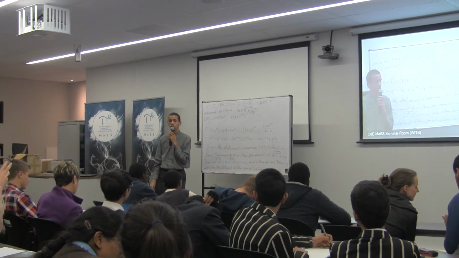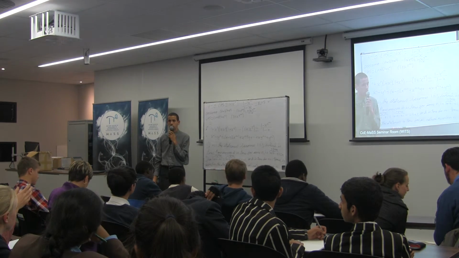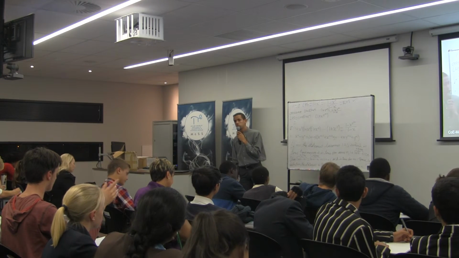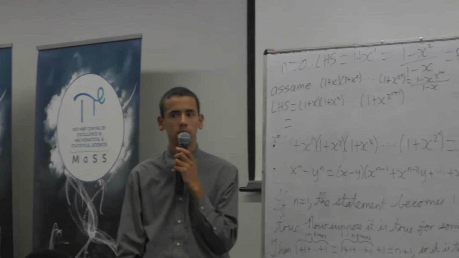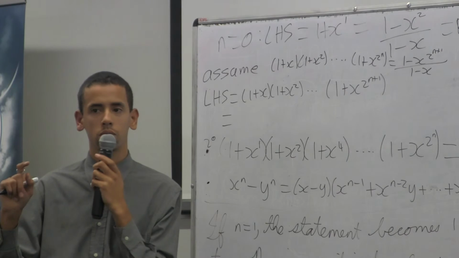So we can then multiply that formula with the next one, with n plus 1, which would be 1 plus x to the 2 to the n plus 1. Okay, so I'll stop you there. Thank you. I think I went a step ahead.